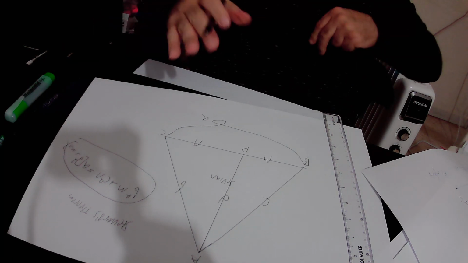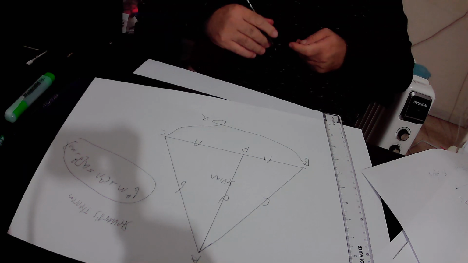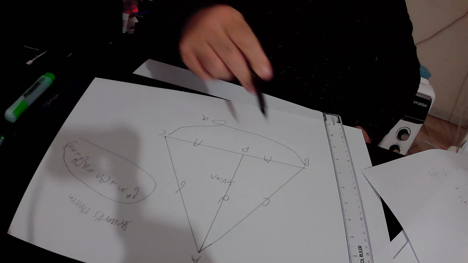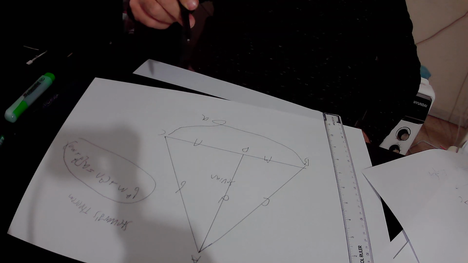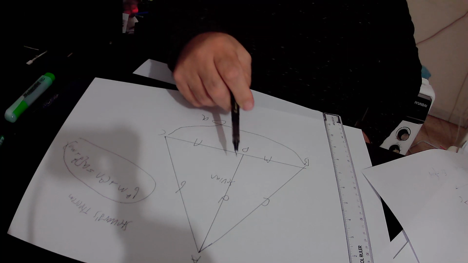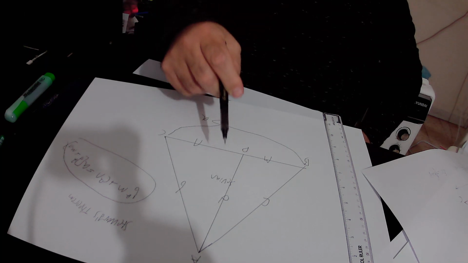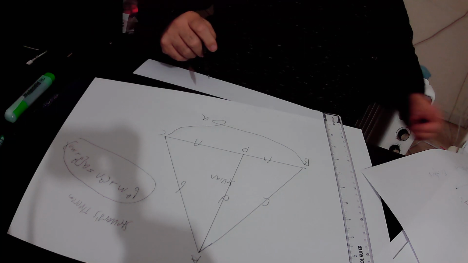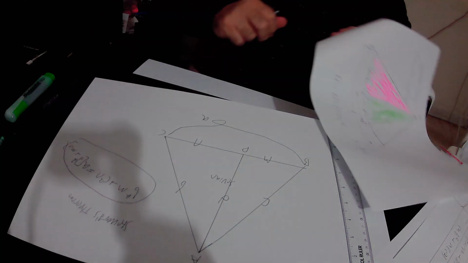We actually proved this equation, that b squared times m plus c squared times n equals a, open brackets, d squared plus m times n, close brackets. So this is what we proved here.